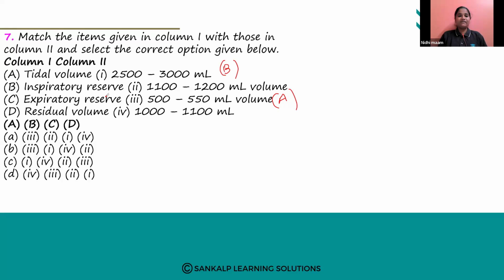Expiratory reserve, the fourth one, 1000 to 1100 ml. Then residual volume is always 1100 to 1200 ml. So this is D. This is how you have to match. First learn the definition, and once you remember the formula for how to calculate, you can calculate.